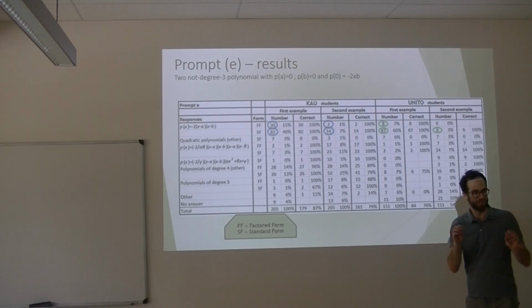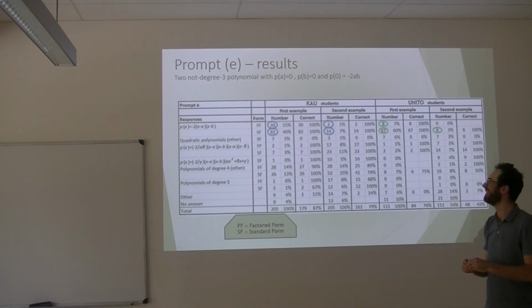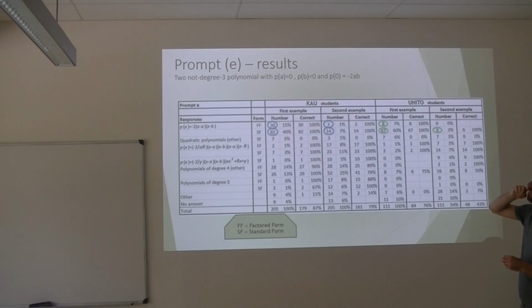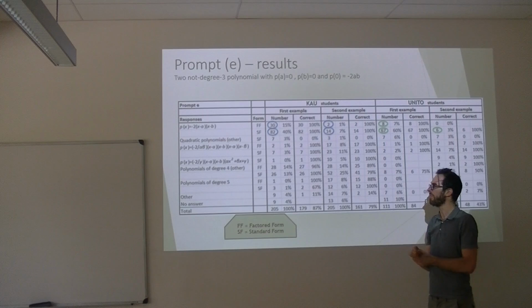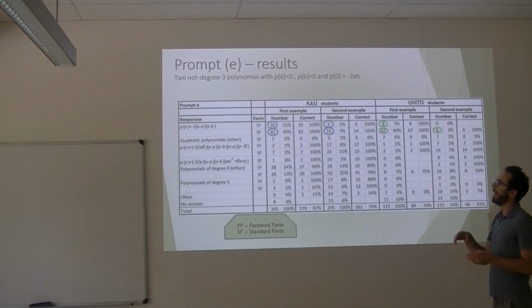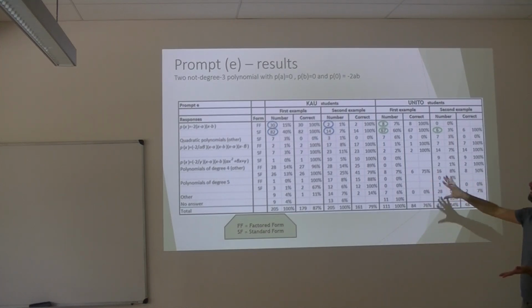I tell you also what the philosophy behind this task was. The last one was asking to provide 2 examples, not just one, of polynomials that satisfy the 3 properties, but not the first one of being degree 3.